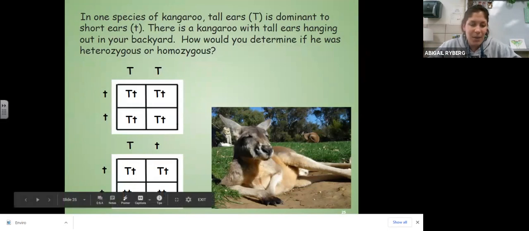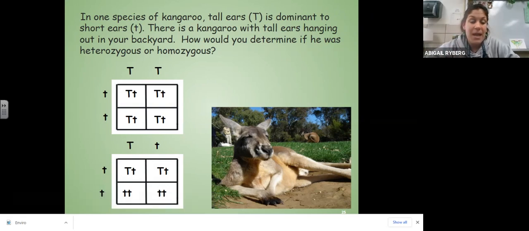If you look down here at the bottom cross, if he was heterozygous, that means that he passed on the little t recessive allele to half his babies. So we would expect about half of the offspring to have tall ears and about half of them to have short ears.